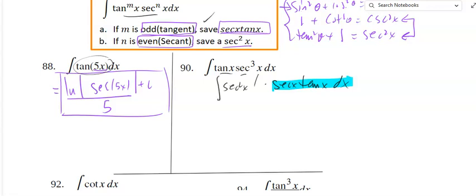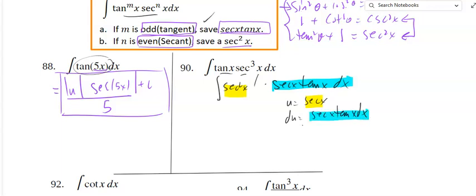And doesn't it work if I let u equal secant of x? du will be the derivative of secant, secant tangent dx.